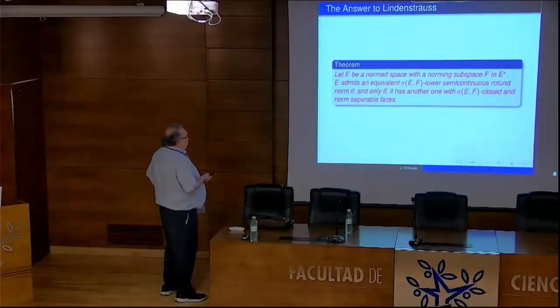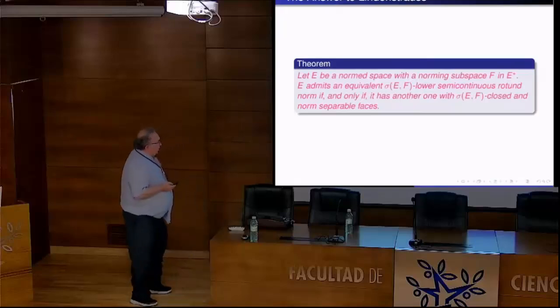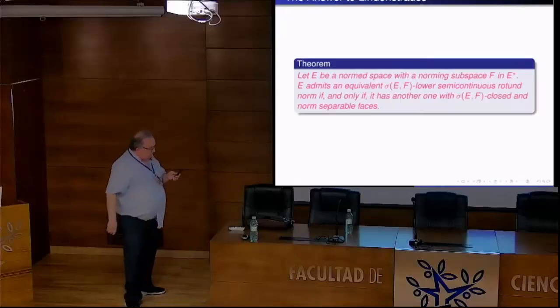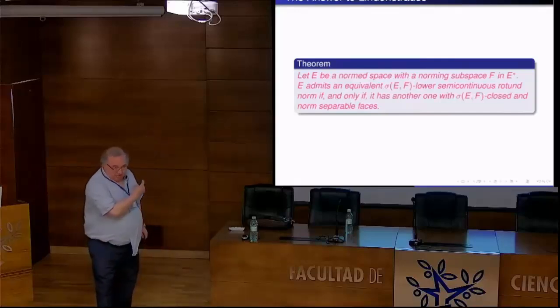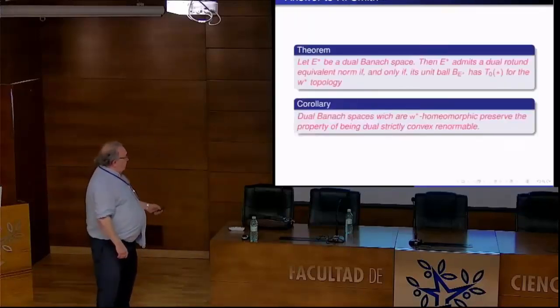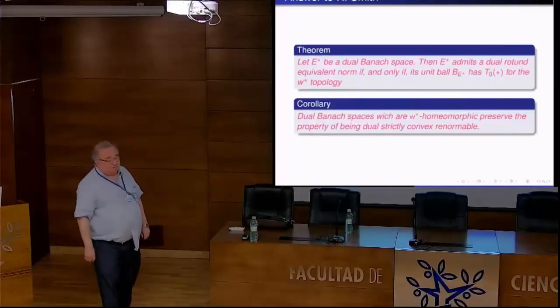Let X be a normed space with a norm in a subspace. Then it admits an equivalent LUR norm if and only if it has another one with closed separable faces. This is the answer to Lindenstrauss, as I said before. But this is the theorem. And finally, the answer to Richard Smith.